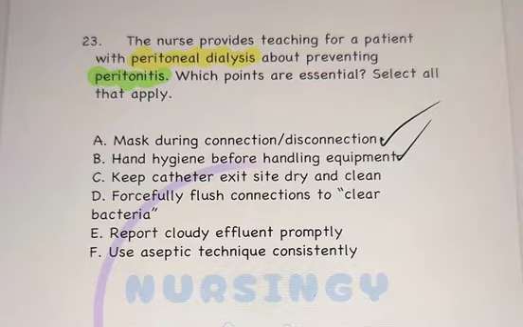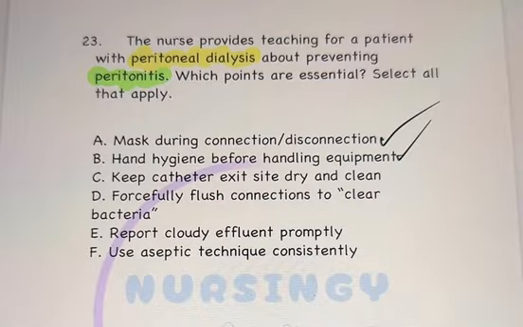So, in option A, sometimes we are sick, and if we are changing the tube or catheter or connection, our droplets can drop on that and cause infection. So that's why a mask is preferable if we can put it on during connection and disconnection, just to prevent droplet contamination.